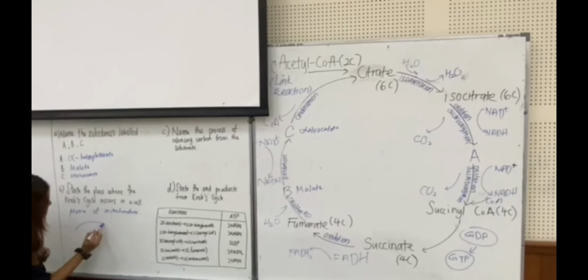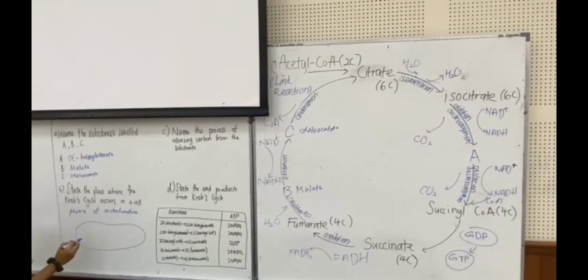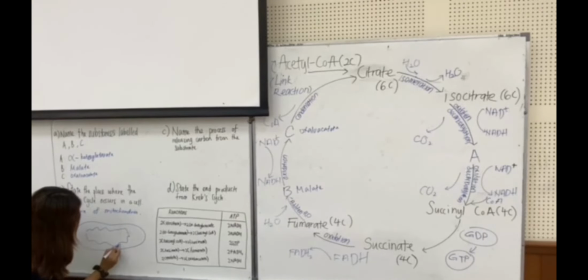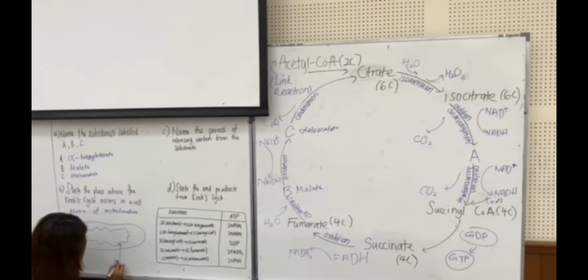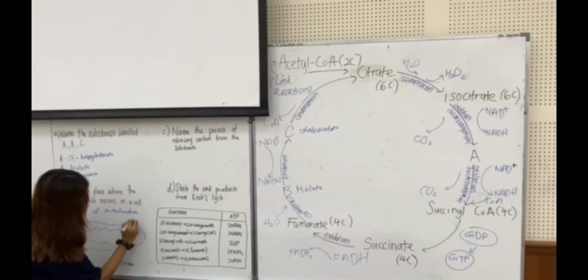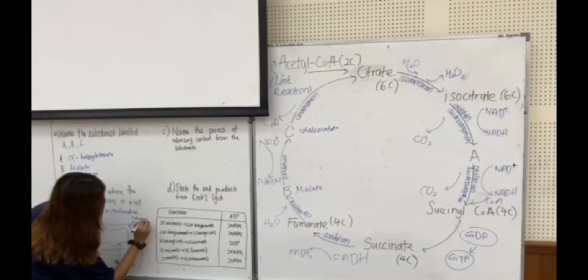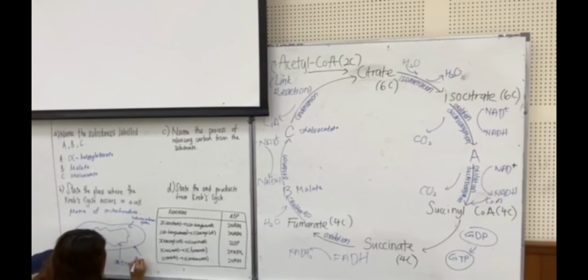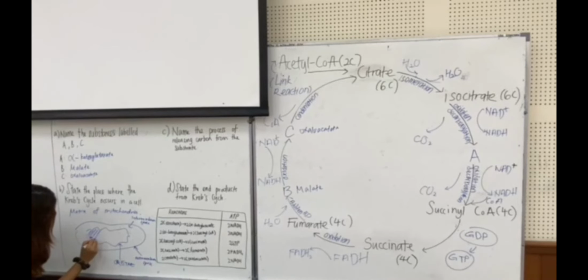This is the organelle mitochondria, and this is the outer membrane space. And matrix is basically the liquid in this area.